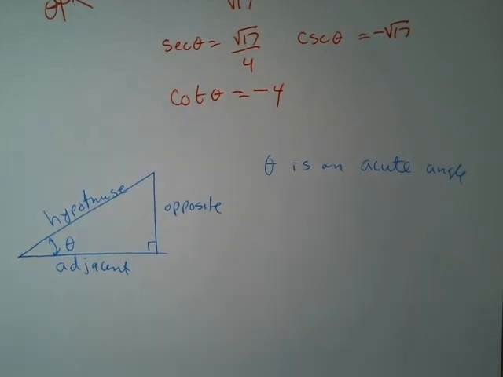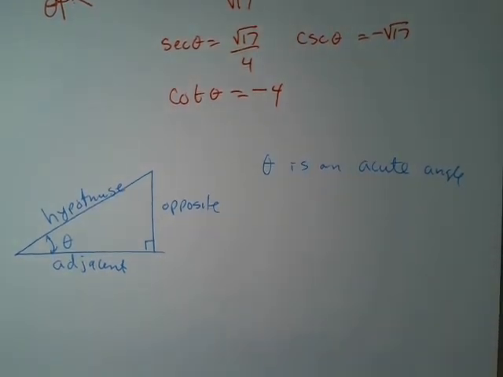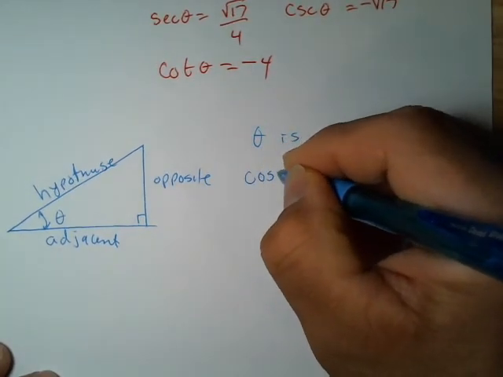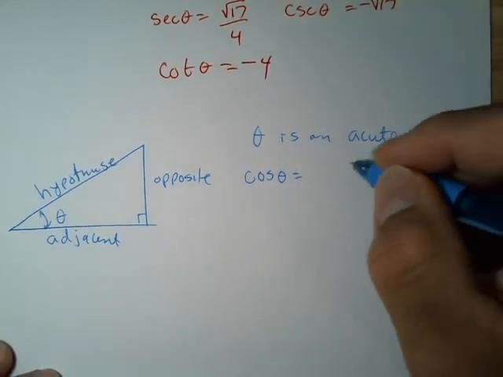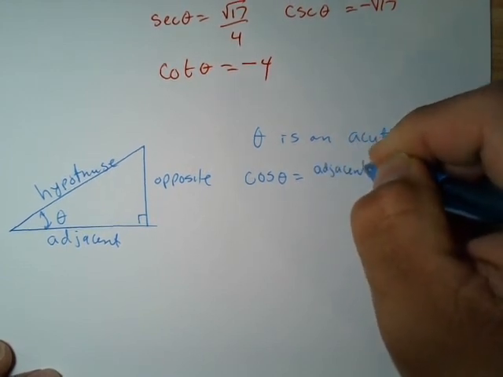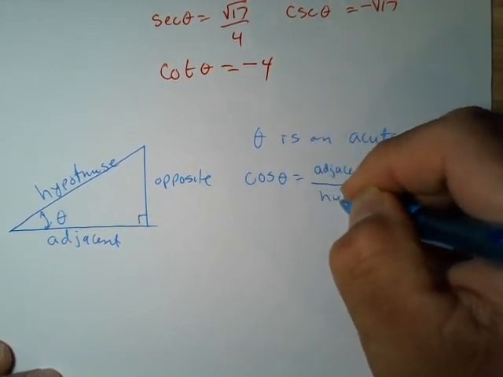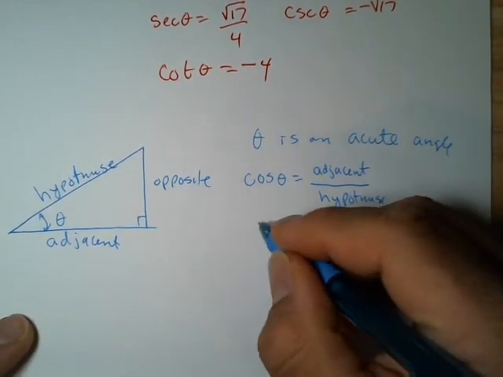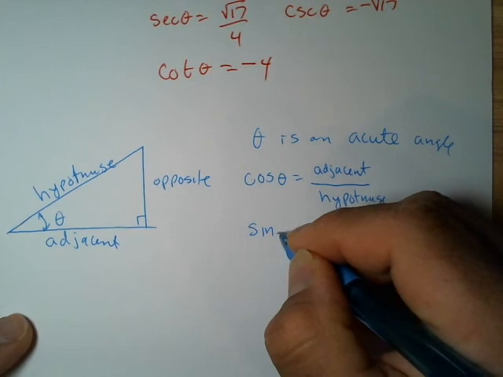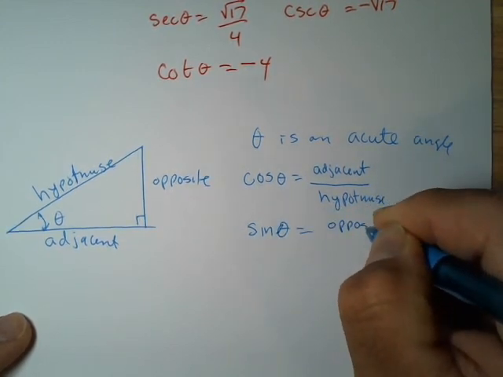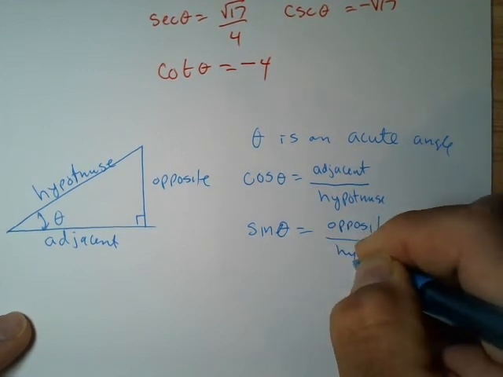All right, and we could see from all the work we've been doing with the sine and the cosine another way to think of the cosine of theta: the adjacent over the hypotenuse. Another way to think of the sine of theta is the opposite over the hypotenuse.